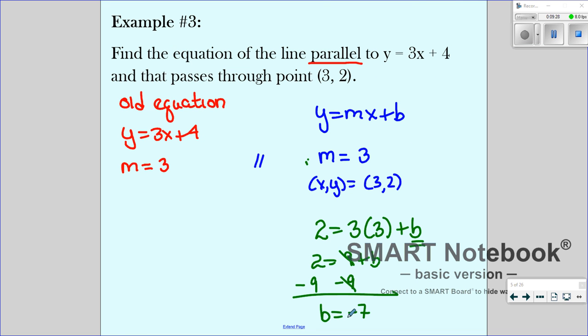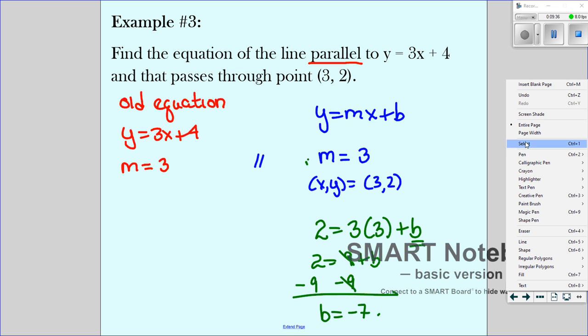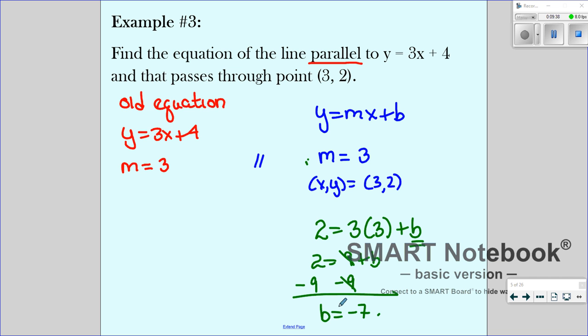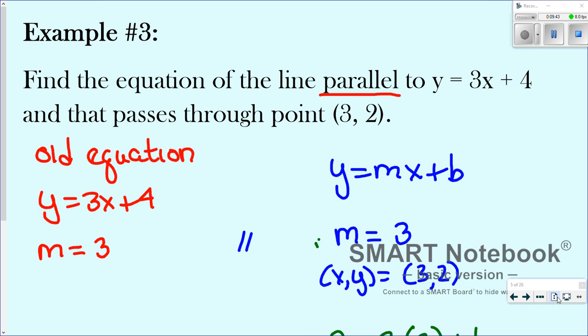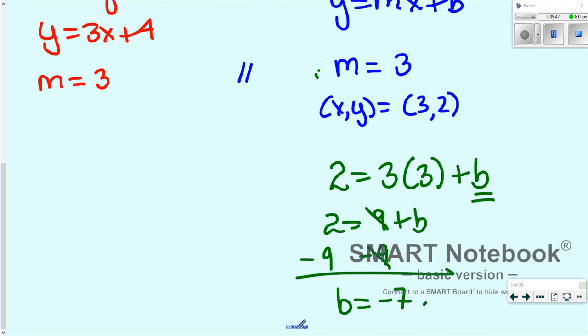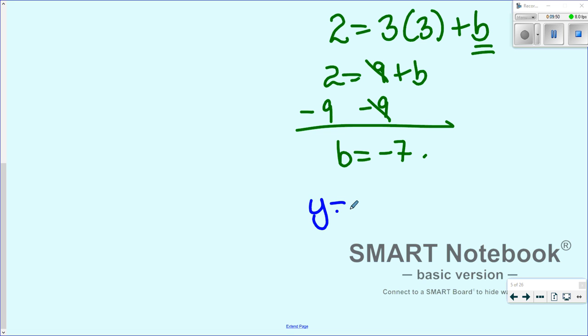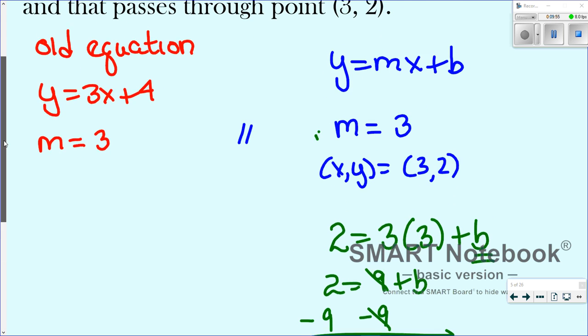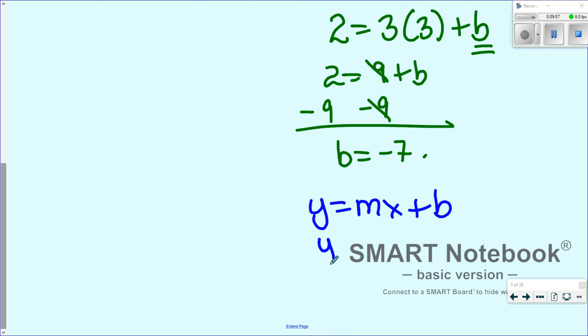So we have our b and we have our m. Now we can create our line. I'm going to go back to using blue, scroll down, and write our information. So we have y equals mx plus b. We found our m, which is parallel to this line, which is 3. So y equals 3x, we're just replacing the m and the b, and our b is negative 7.